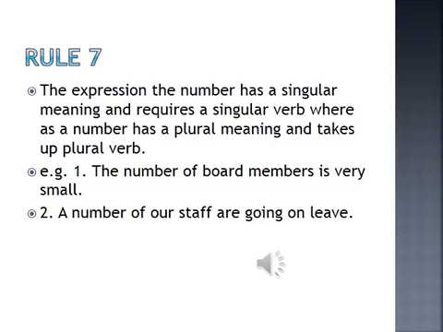If it's a number, then the verb has to be plural. The number of board members is very small. A number of our staff are going on leave. If the number is there, a singular verb will be there. So the number is, a number are. Remember this.